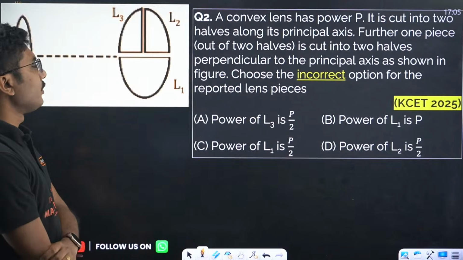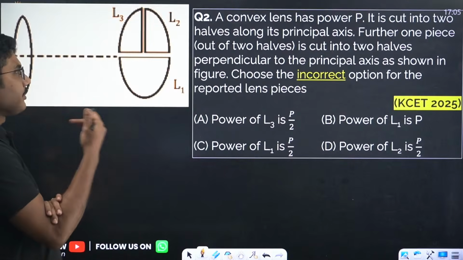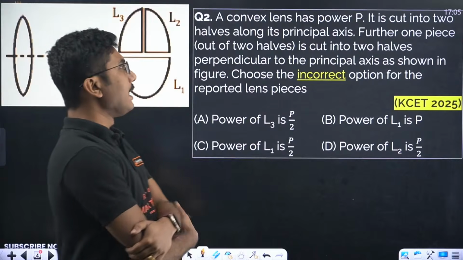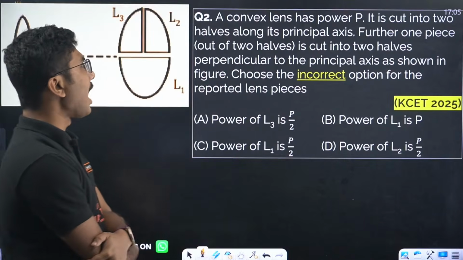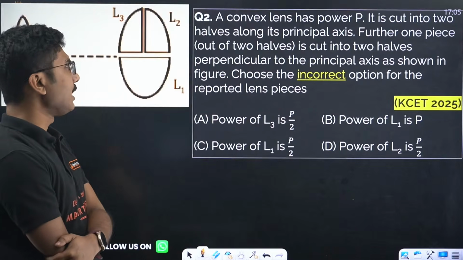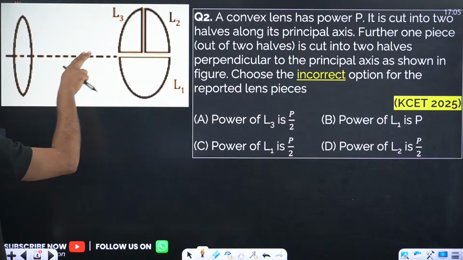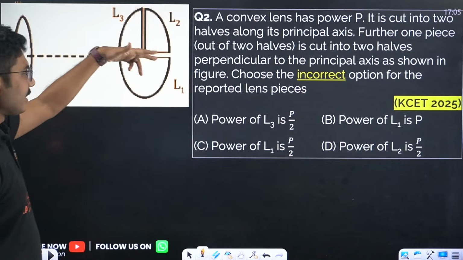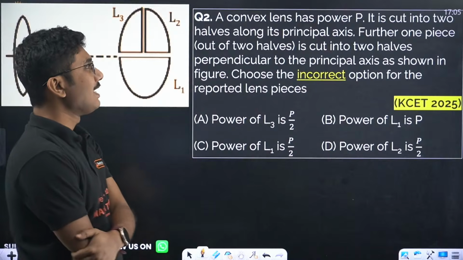Again, this is also a very interesting question. A convex lens has a power capital P. It is cut into 2 halves along its principal axis. So here we have a lens. First we have cut it along the principal axis.